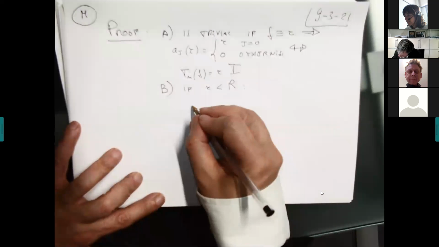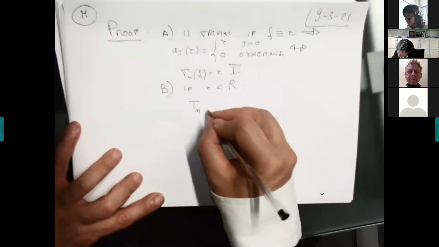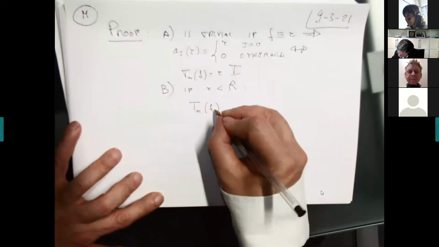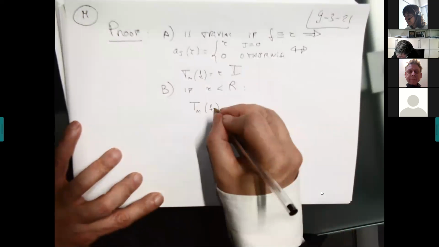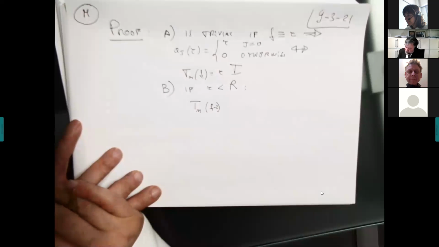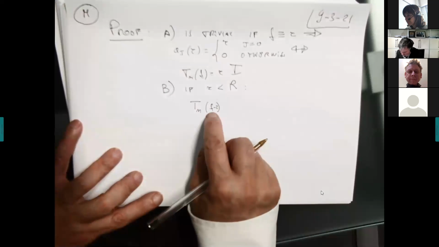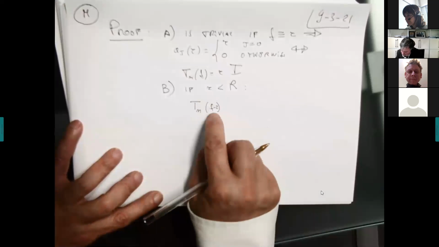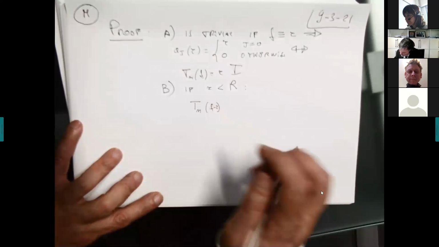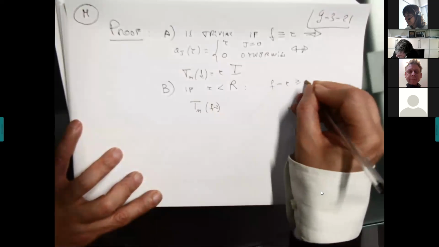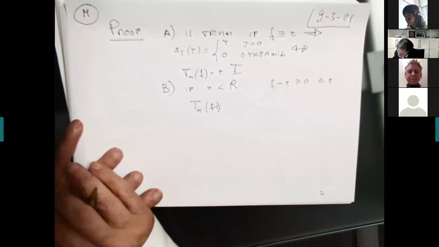Then we consider T_n(f minus r). So f is the function, small r is the essential infimum. So f minus r is non-negative almost everywhere.